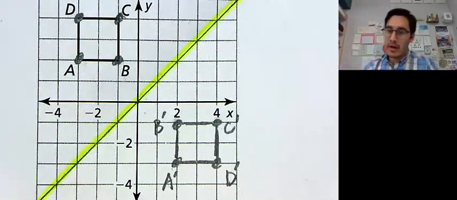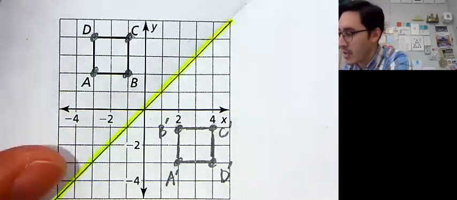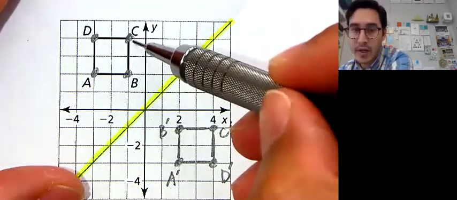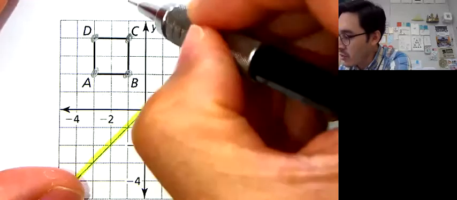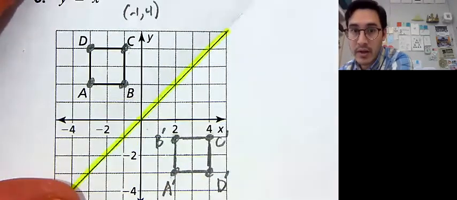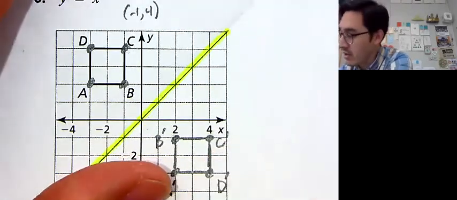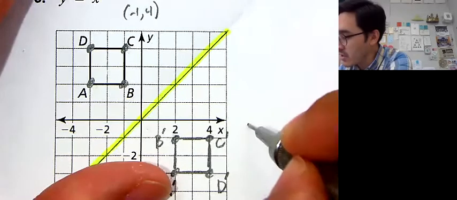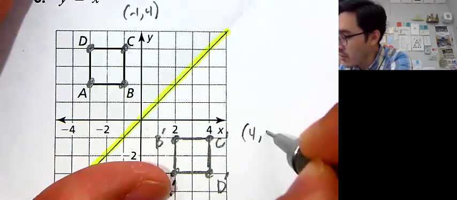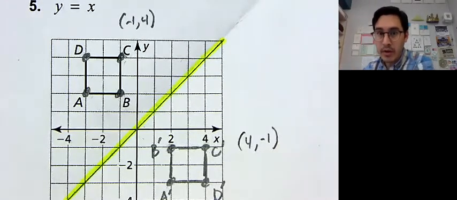Okay. All right, let's take a look at the coordinates here, right? So let's look at point C. Right, so its coordinates are -1, 4. Okay, and now let's look at its reflection. Okay, over here, C prime has coordinates of 4, -1. Okay, so they look pretty similar, right?